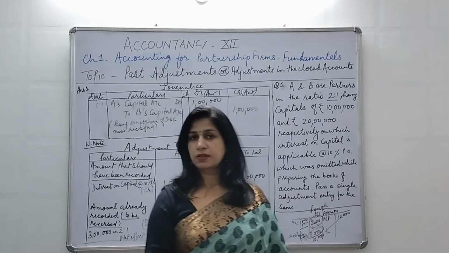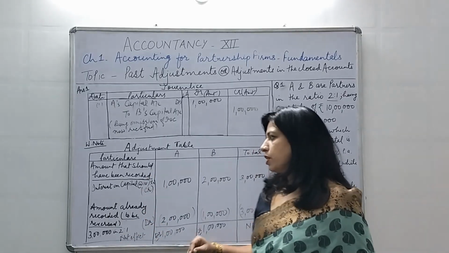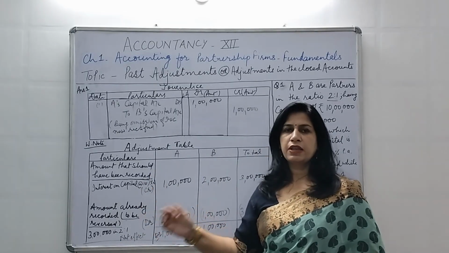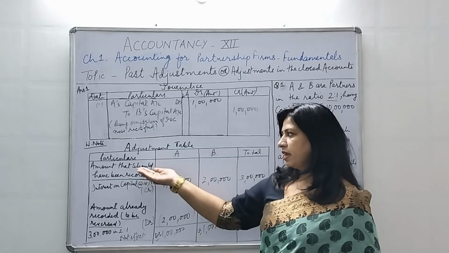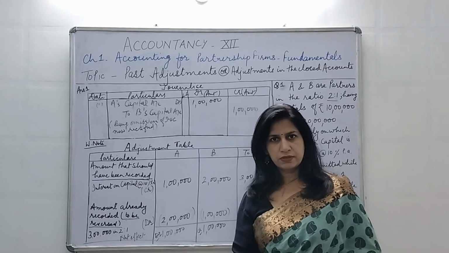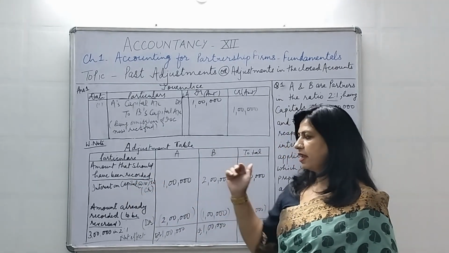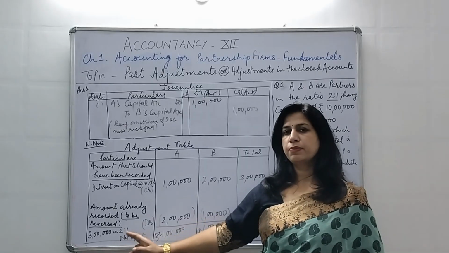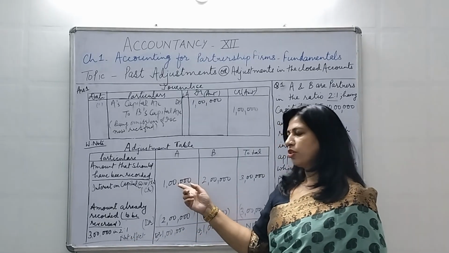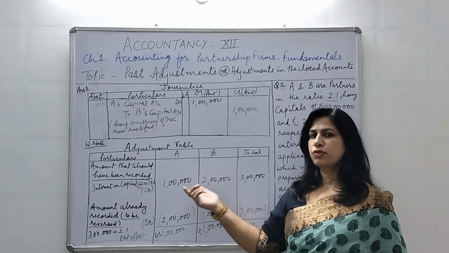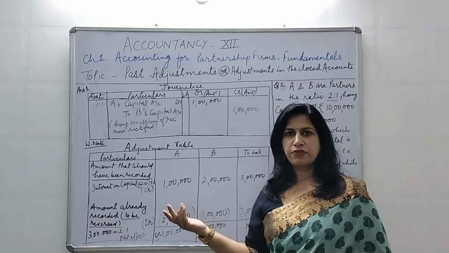So children, tell me, don't you find it easier? It is very simple. Let us quickly review. So what is to be done? First of all, read the question carefully twice, and see what should have been given in the question, then provide those things, and the total of it will be reversed by putting that in the profit sharing ratio, because if it has not been given as required, whether interest on capital, salary or commission, whatever is in the question, in this question we have only one thing.